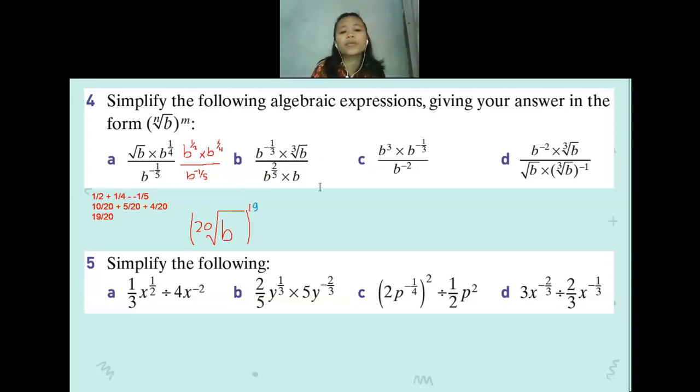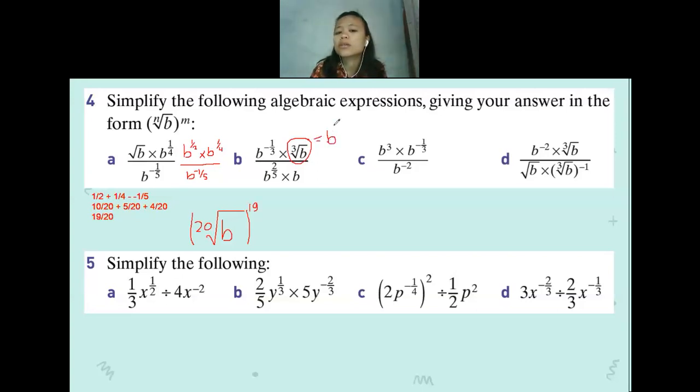For question B, we have b to the power of negative 1 per 3 times b cube root of b. It will be better if we change everything into fractional indices first. So for cube root of b, it will be b to the power of how many by how many?